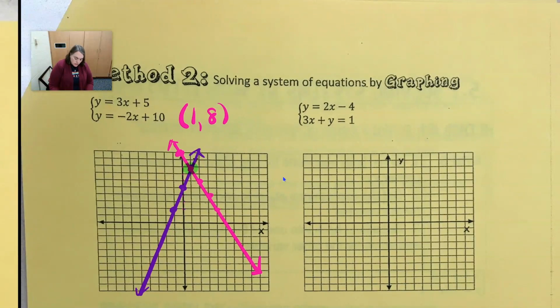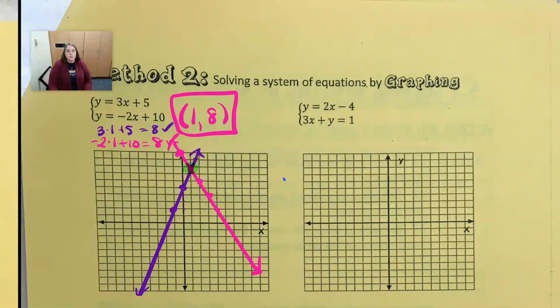So all we have to do to check is substitute in our 1, 8 into both equations and see if it's true. So 3 times 1 plus 5, that equals 8. So that checks. Then I'm going to plug it into the other one. Negative 2 times 1 plus 10 is 8, so that checks. So 1, 8 is in fact our solution to our system.